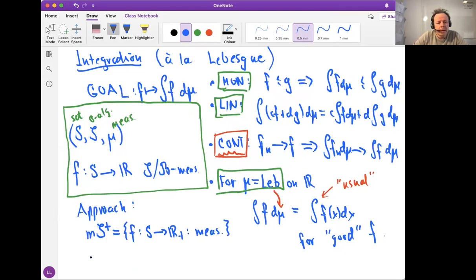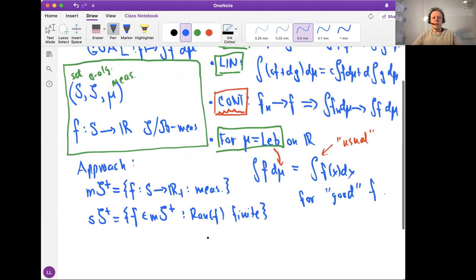And then we define this type of space called little s here, those measurable functions which are non-negative and satisfy that the range of f is finite. So we are looking at non-negative functions which only take finitely many values.